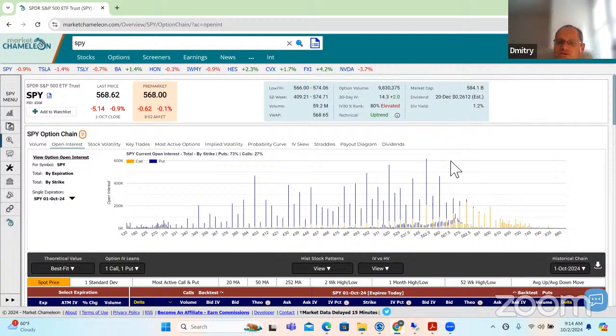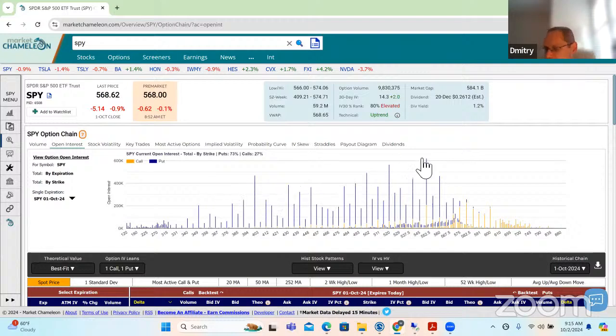There's a big range, really, I'd say between 520 all the way down to 400. There is a lot of put open interest. So it's not like just one strike sticks out. There are a lot of strikes here with open interest that pop out.